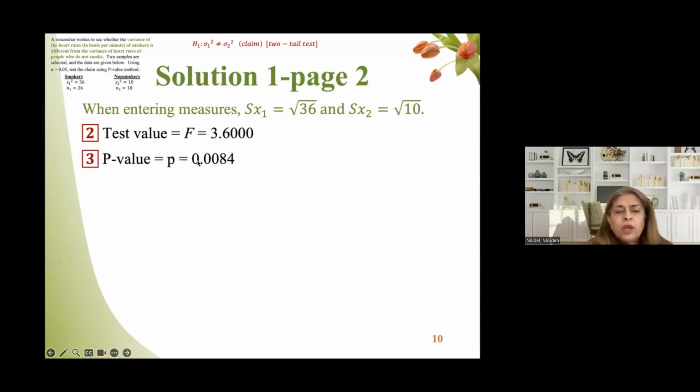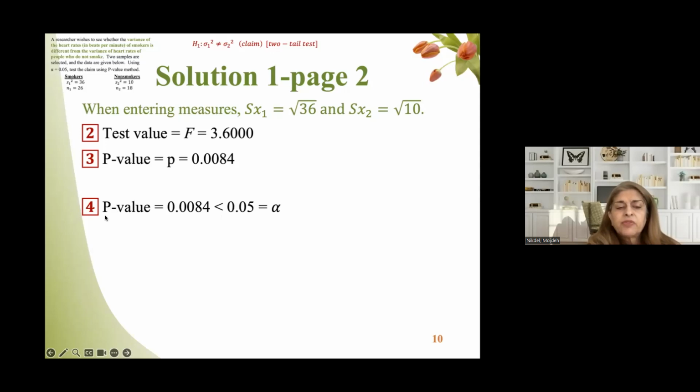P-value was 0.0084. Now to decide to reject or not reject null, I have to compare my p-value with alpha. Step 4. P-value, I write it on the left, alpha on the right, put the values. The outcome of my inequality points toward the larger number, 0.05.